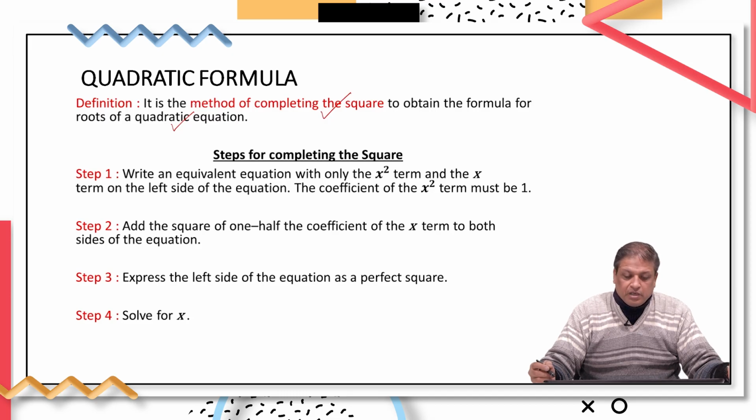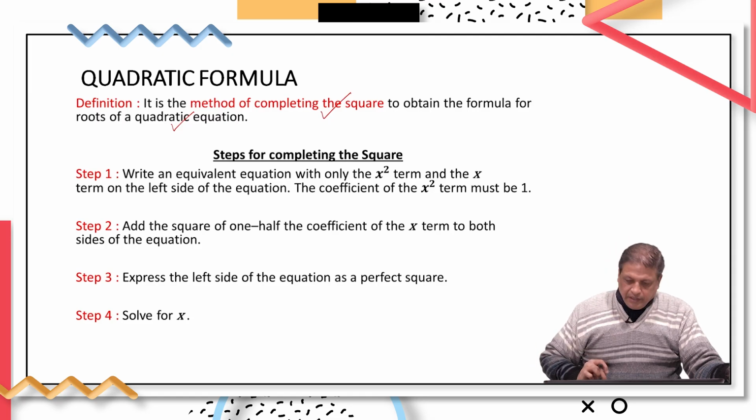The first step is to write an equivalent equation with only the x squared terms and the x terms on the left side of the equation. The coefficient of the x squared term must be 1. The second step is to add the square of 1/2 of the coefficient of the x term to both sides of the equation. The third step is to express the left side of the equation as a perfect square. Finally, we solve for x and we get the roots.